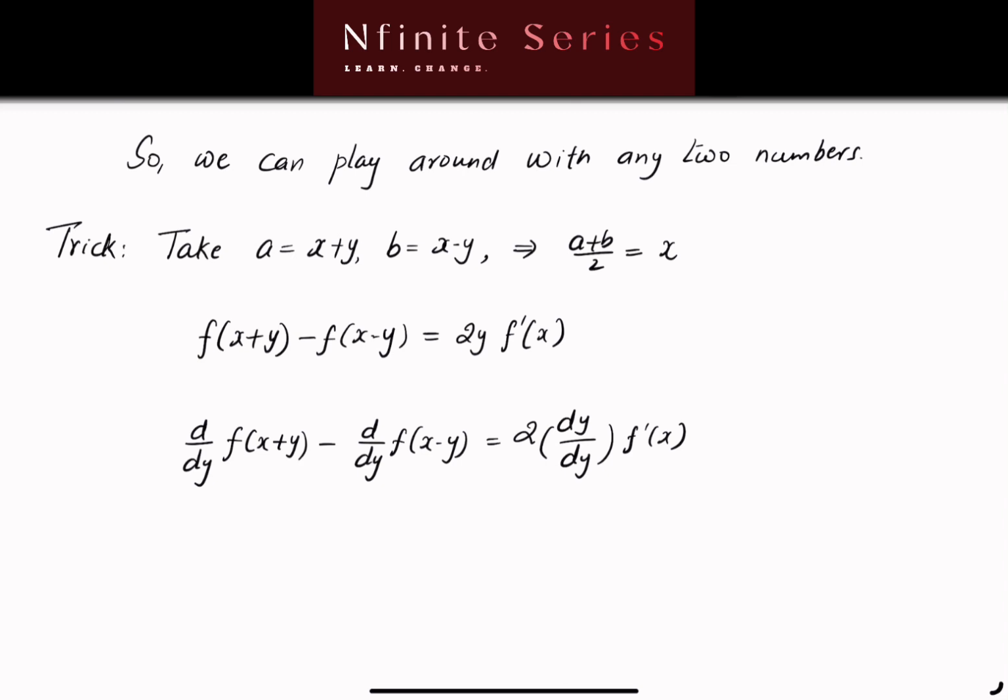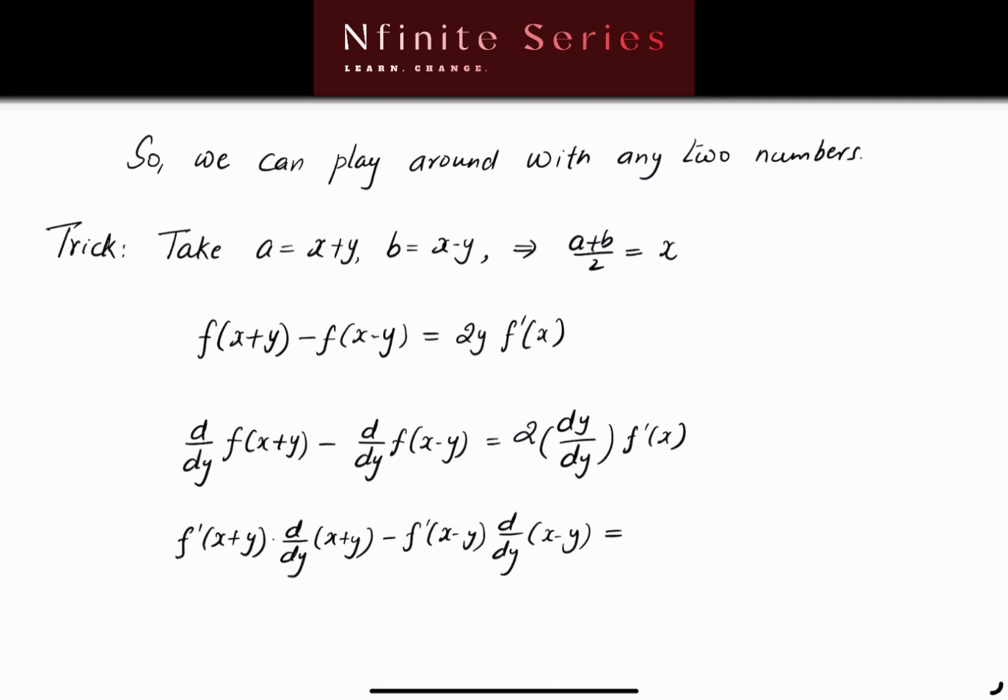So now what we do is apply the chain rule of derivative. We get f prime of x plus y times the derivative of x plus y with respect to y, minus f prime of x minus y times d by dy of x minus y.